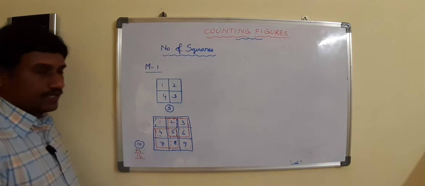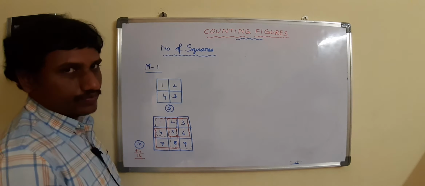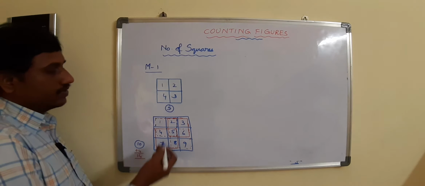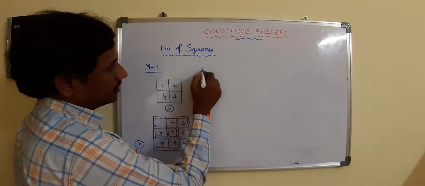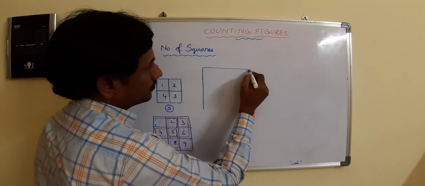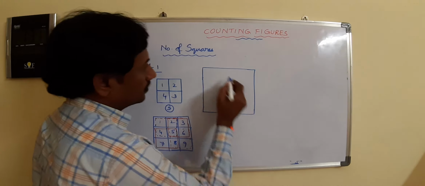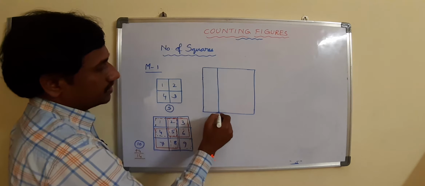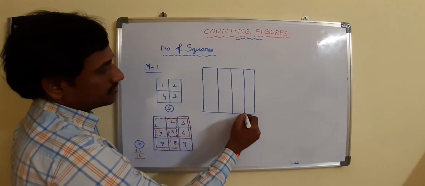Up to this also we are able to count, but if they give more than this, then how to count? Whenever we are having more partitions like this, that means they will give a square and they will partition the square into some number of squares. For finding that one, it is not always easy to count directly. Definitely there is a chance of missing somewhere.